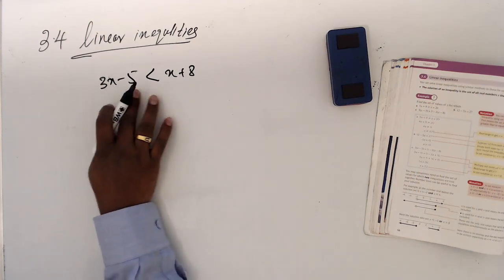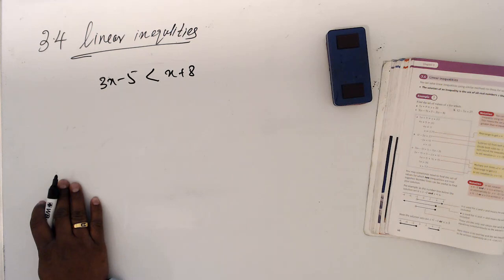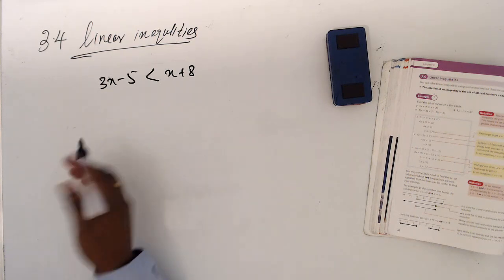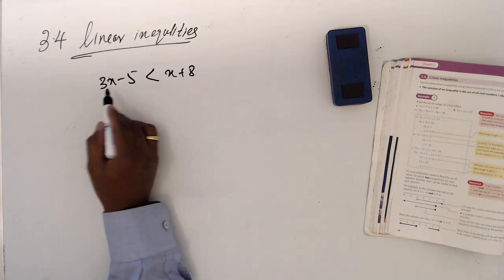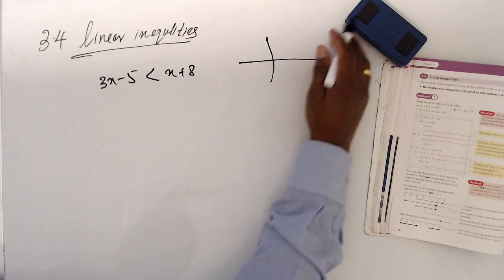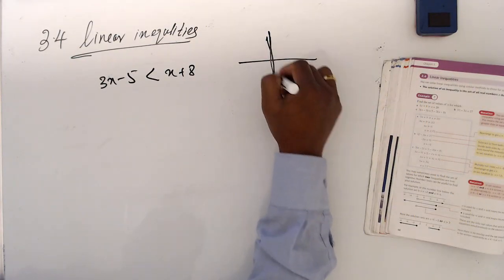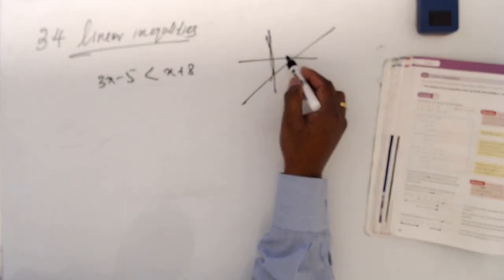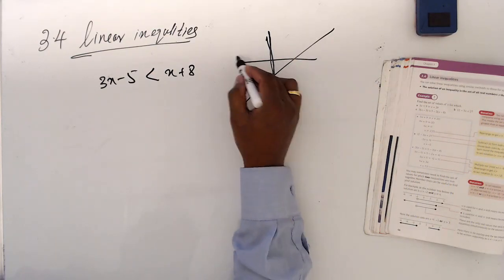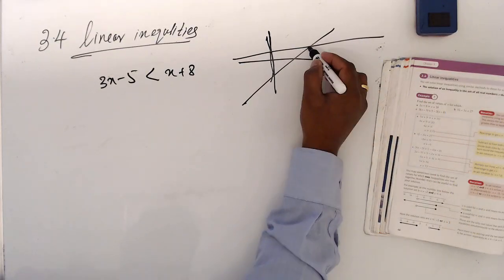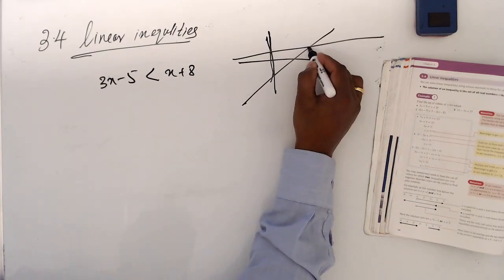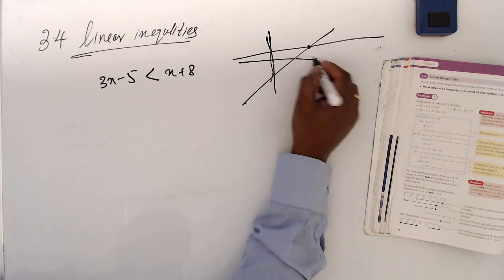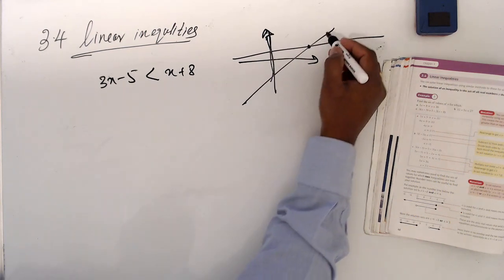You can't touch this inequality, because, as I explained earlier, this is y equals 3x minus 5 and this is y equals x plus 8, and it has a certain task.